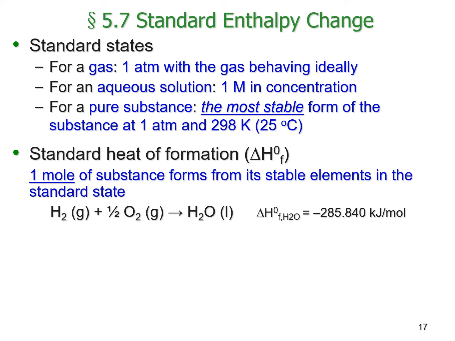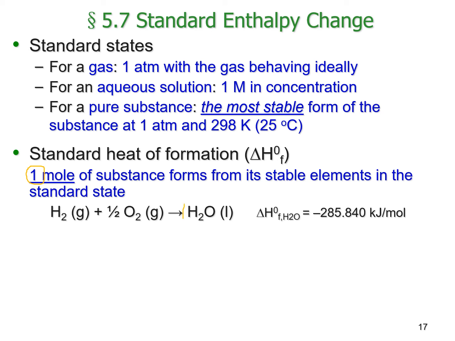Here, we're going to use the standard formation of water as an example to show just how we understand this formation reaction. I just want you guys to realize standard heat of formation is just 1 mole, one molar substance forms, right? Since it's said forms, so it has to be the product.